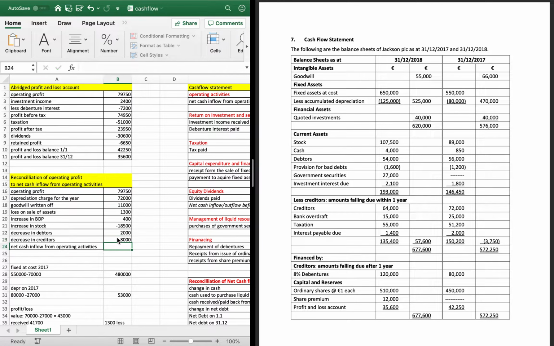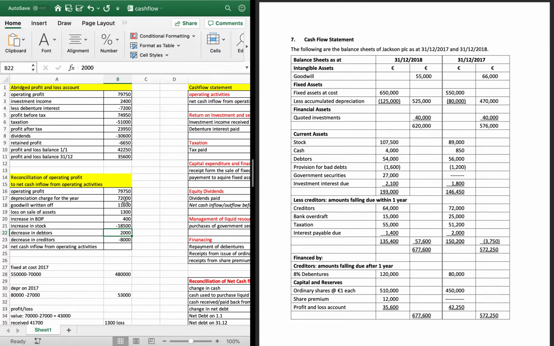And if we just do those sums, adding on our depreciation for the year because it's a non-cash expense, adding on our goodwill because it's a non-cash expense, adding on the loss in the sale of fixed assets because it's a non-cash expense, and adding on our increase in BDP because it's a non-cash expense. Taking away our increase in stock because if stock goes up, cash goes down.